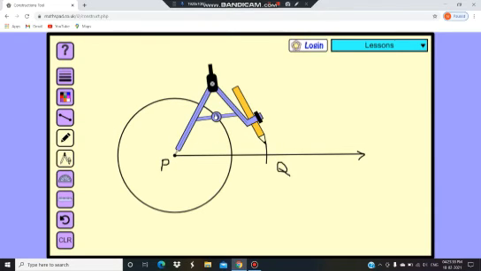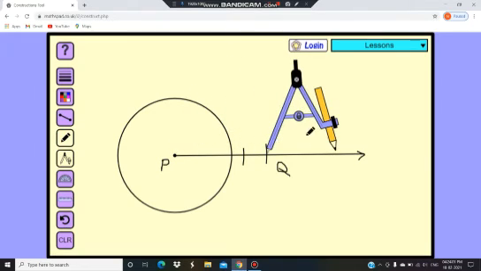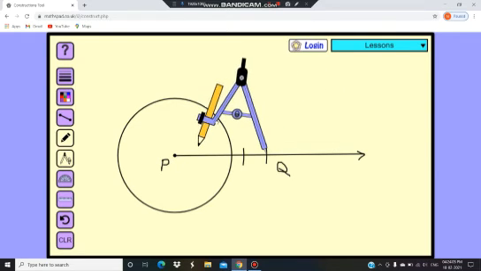So keep the pointer on P. In a rounder take a distance more than half of the distance of PQ, and with that distance draw one arc on the right side, and now keep the pointer on Q and with the same distance draw an arc on the left hand side.